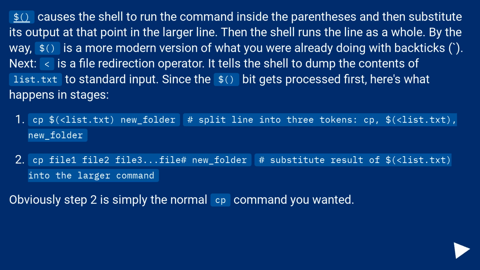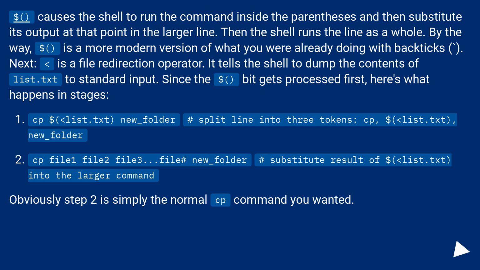By the way, $(...) is a more modern version of what you were already doing with backticks. Next, < is a file redirection operator. It tells the shell to dump the contents of list.txt to standard input. Since the $(...) bit gets processed first, here's what happens in stages.